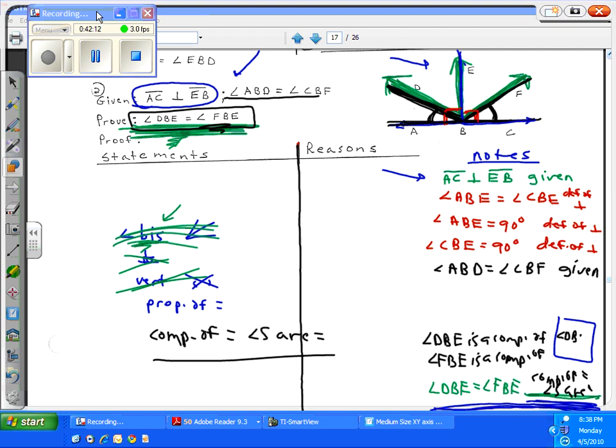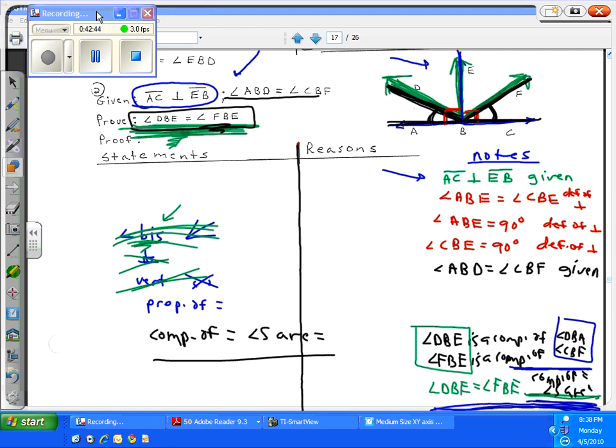Now, what are those two somethings? We're talking about the green ones, and so this black one, angle DBA, is the complement of the green one, DBE, and this black one, CBF, is the complement of the other green one, EBF.